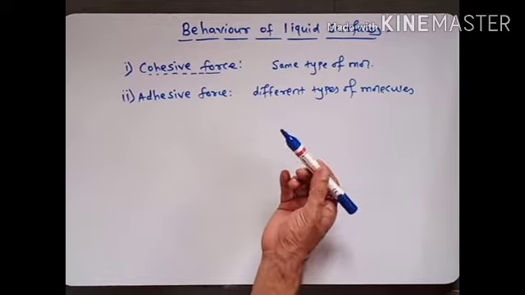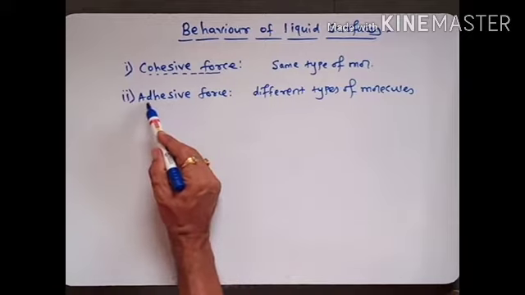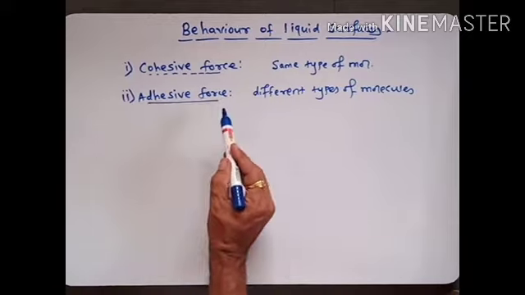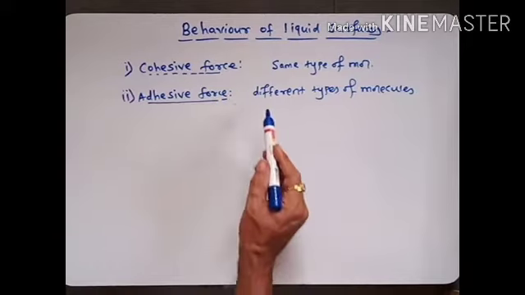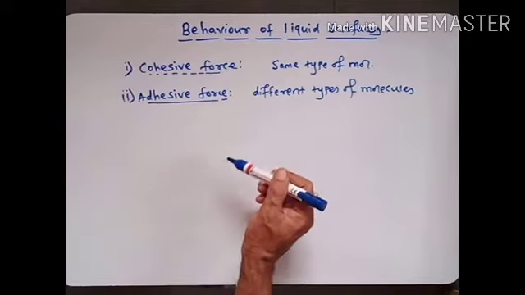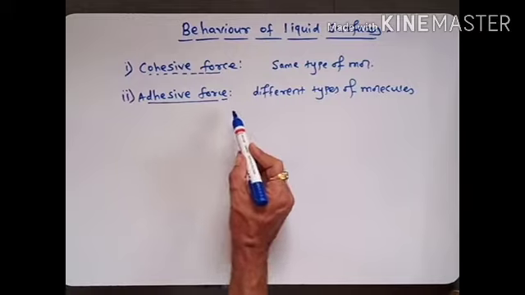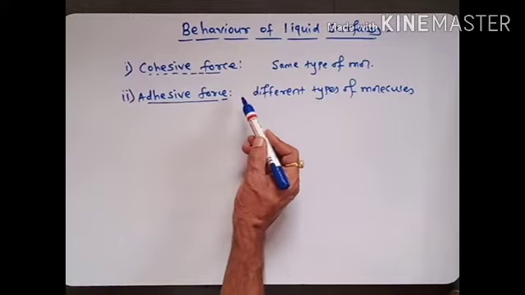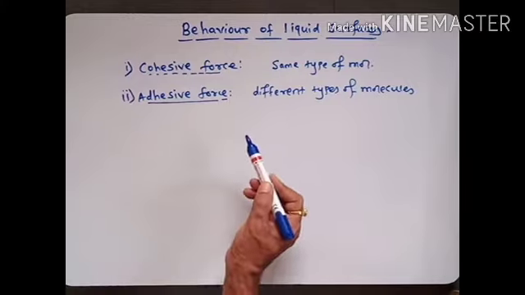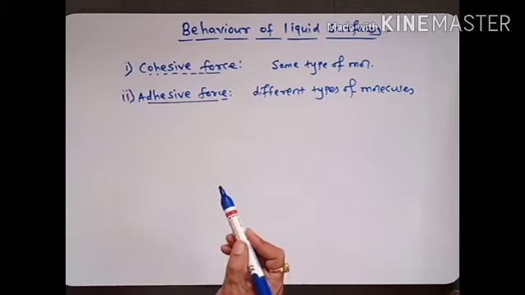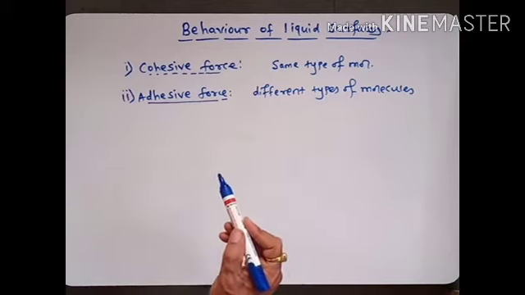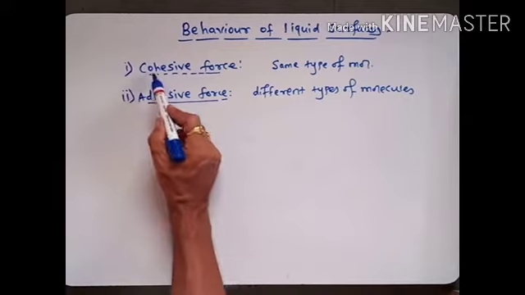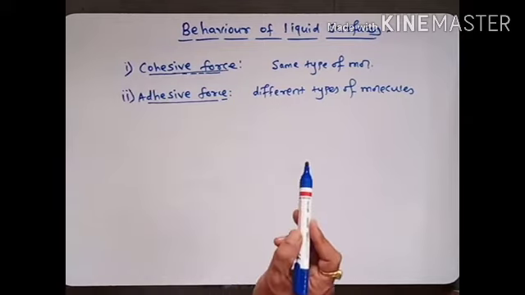Suppose you consider two water molecules, kerosene, whatever it may be, the force of attraction between the same type of molecules is called cohesive force. Suppose we consider the ink of this pen sticking to the blackboard or whiteboard, then the force of attraction between this ink molecule and the molecule of the whiteboard is called adhesive force. I hope you all understand what is meant by cohesive and what is meant by adhesive.